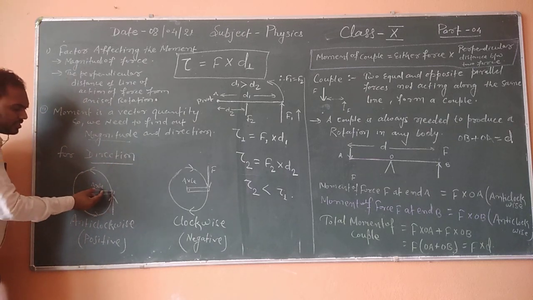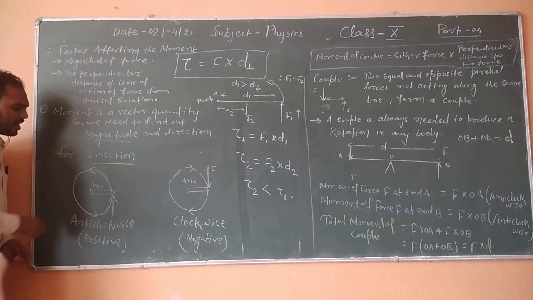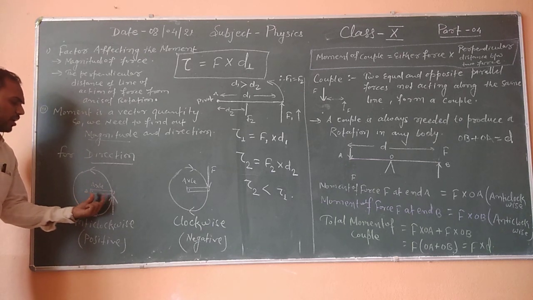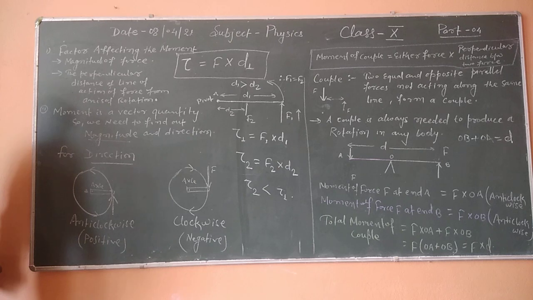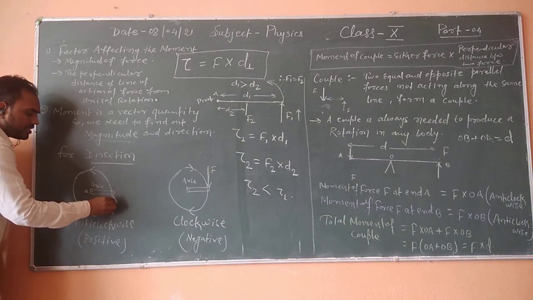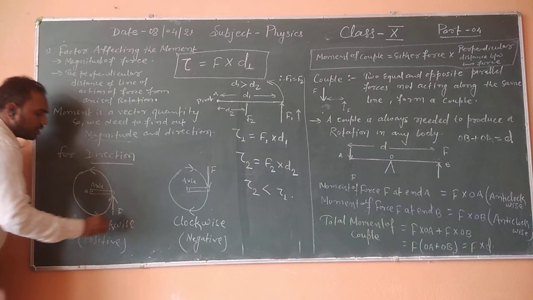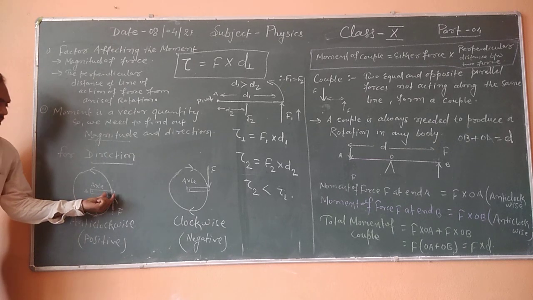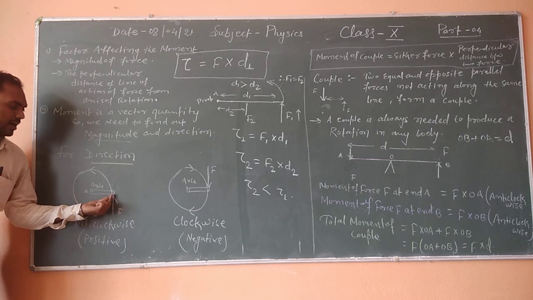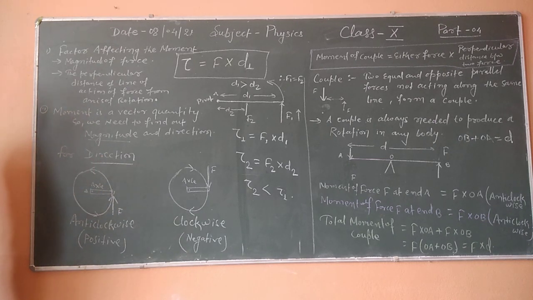For finding the direction, suppose there is an axle hinged at point A, and a force F is applied on the other end, where the rod is not fixed.